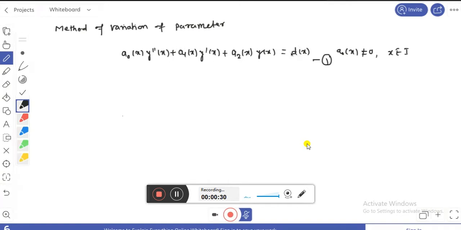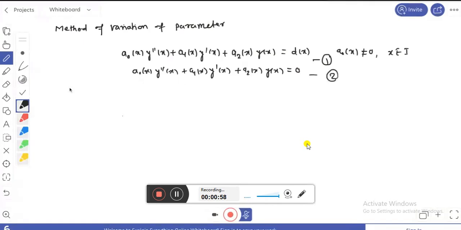that the d(x) part is zero. So if we write what your homogeneous differential equation is, this is a0(x) y'' plus a1(x) y' plus a2(x) y, and this equals zero. This is your homogeneous differential equation.